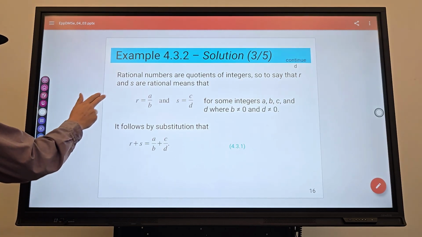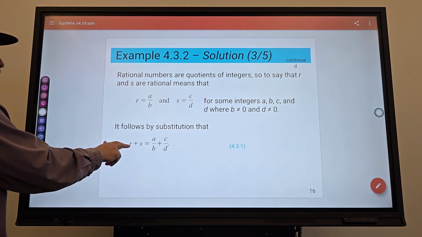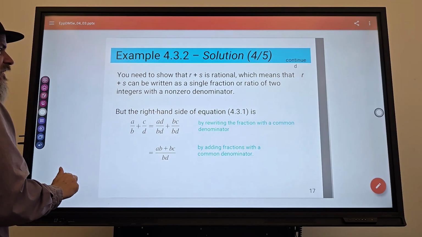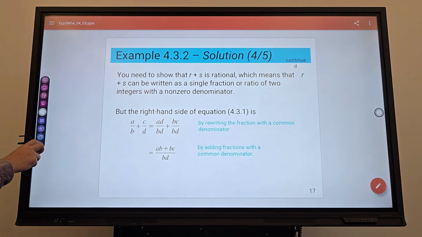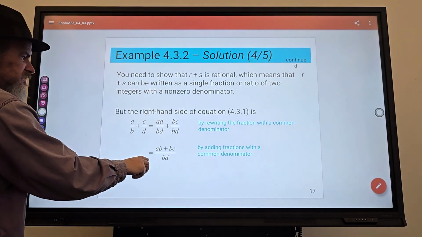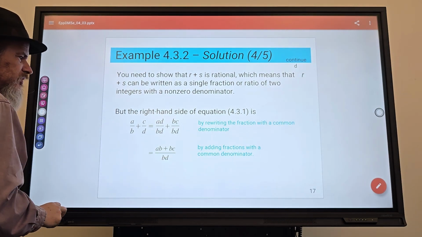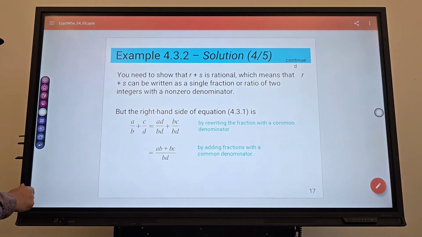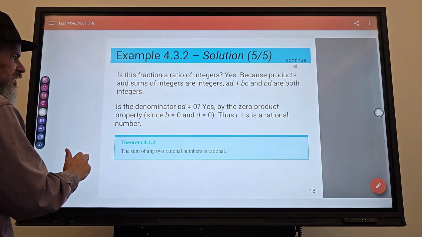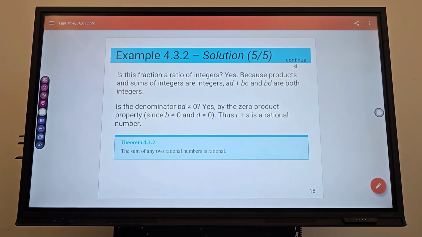Then they go through substitution, fraction with common denominator, adding fractions, zero product property, and we get to theorem 432: the sum of any two rational numbers is rational.